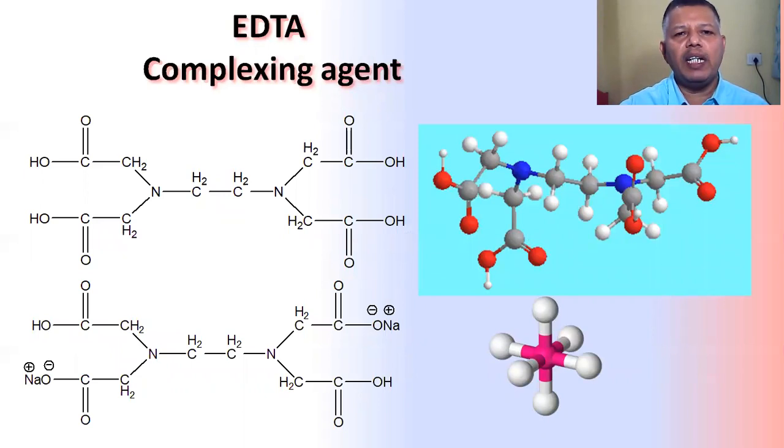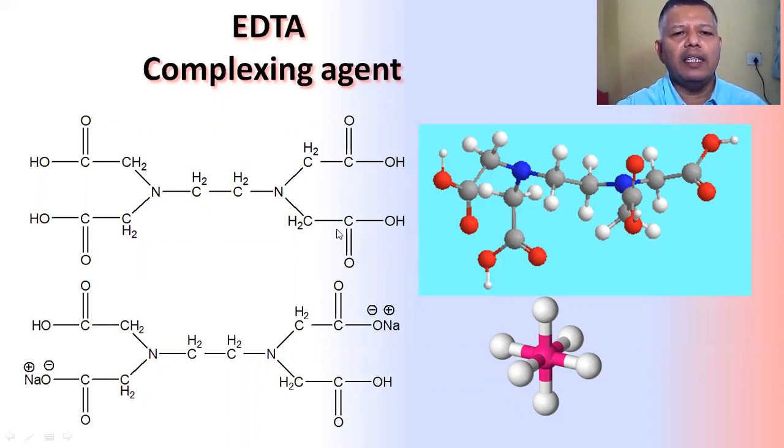Now, for complexometric titration, we use a complexing agent. It forms a stable complex with certain metals. There are a number of complexing agents, out of which is EDTA, that is ethylene diamine tetraacetate.